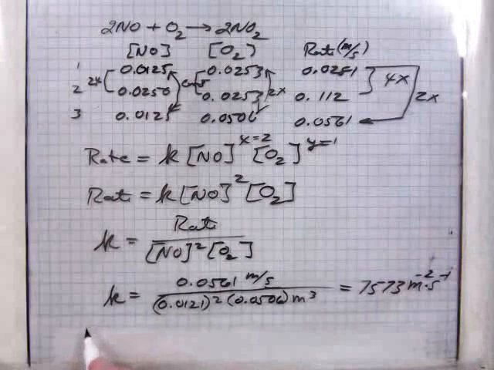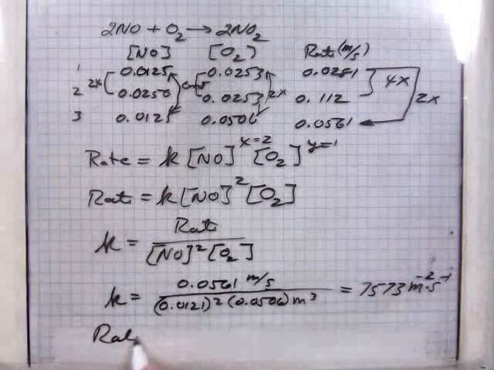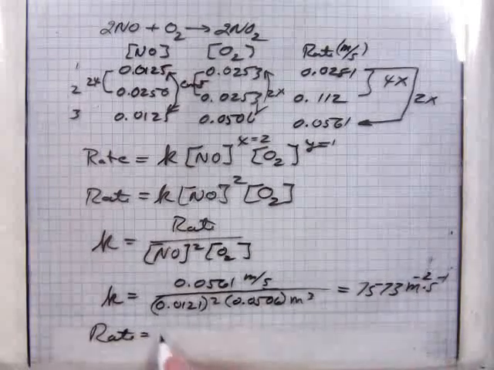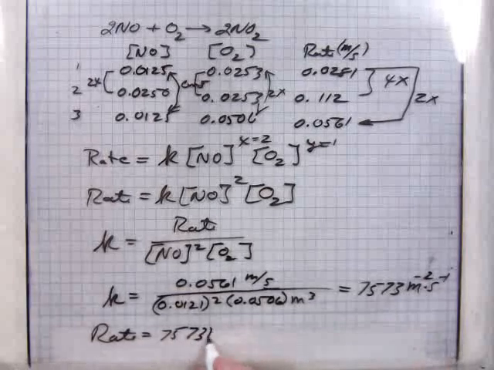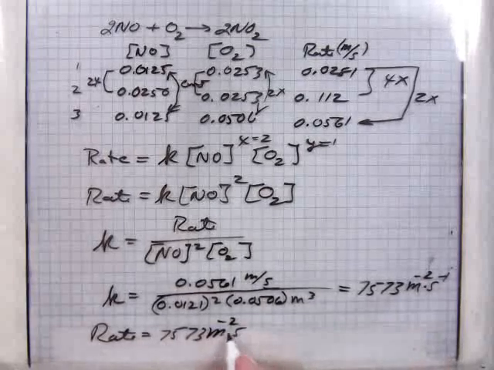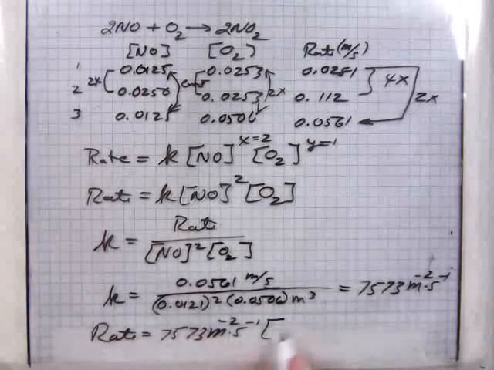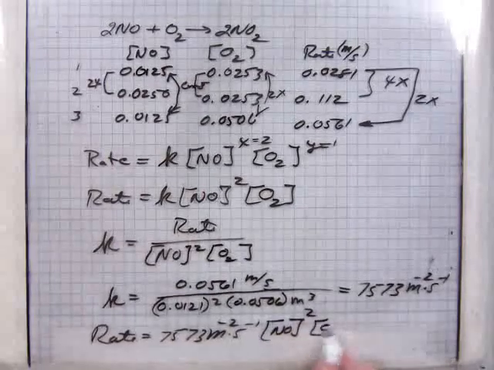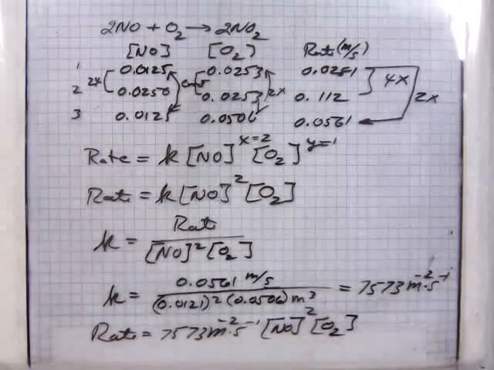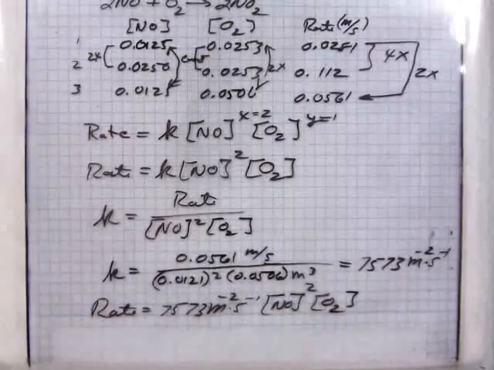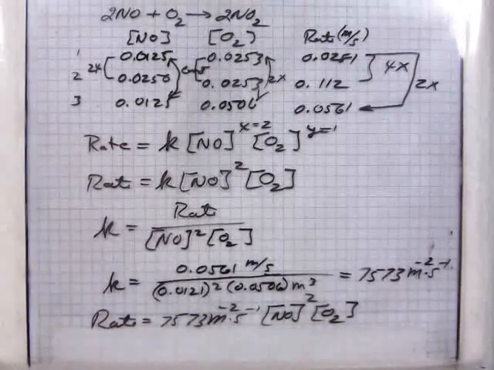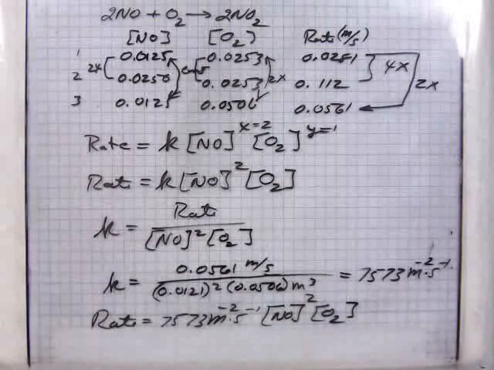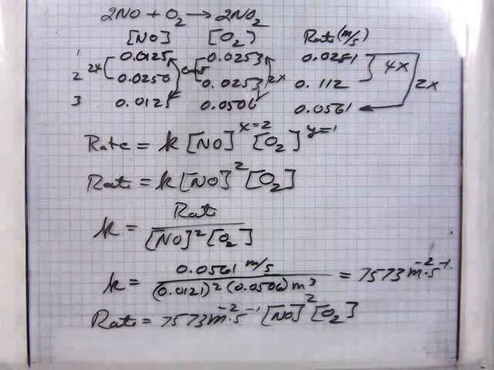So our numerical rate expression is 7573 molar to the minus 2 seconds to the minus 1, NO squared and O2 to the first power. And that's how you deal with those kinds of reactions.